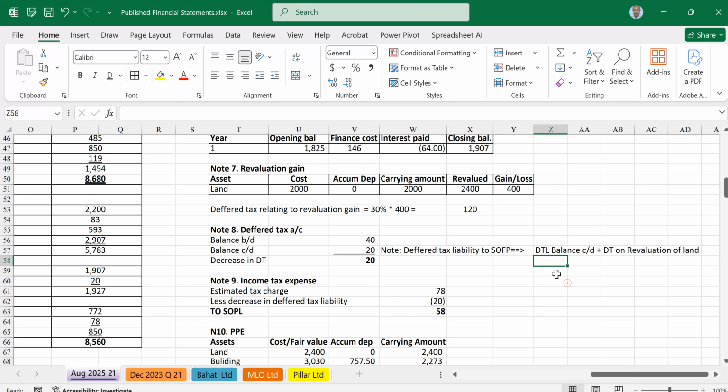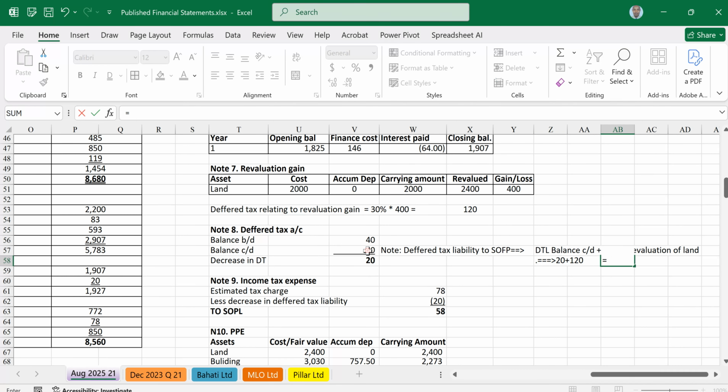So that will be 20 plus 120. We are getting 140. So we'll be using 140, the deferred tax that will go to the statement of financial position.